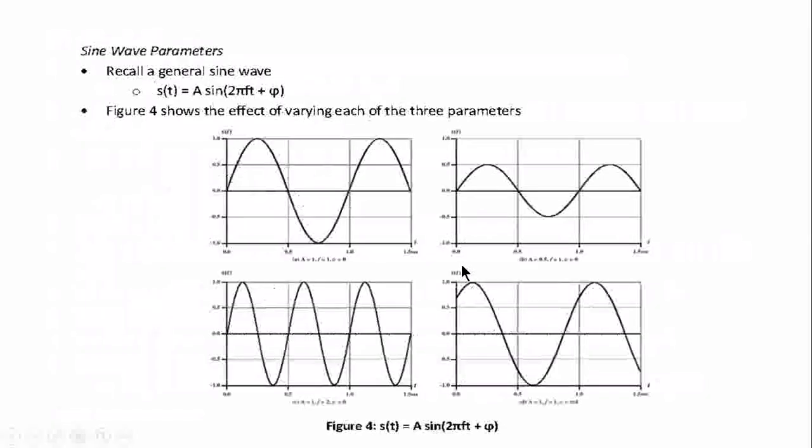So now, let's see the sine wave parameters, the ones that we've talked about. We have seen how we can affect the wave frequency, and how we can affect the wavelength from this diagram. You can also see how we can affect the amplitude. So this diagram shows the modulated waves, which carry data.